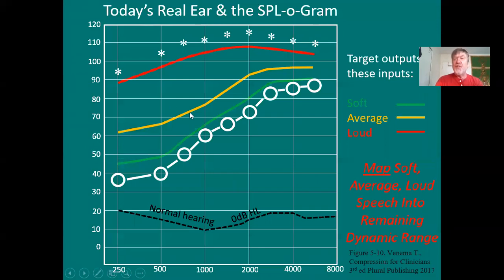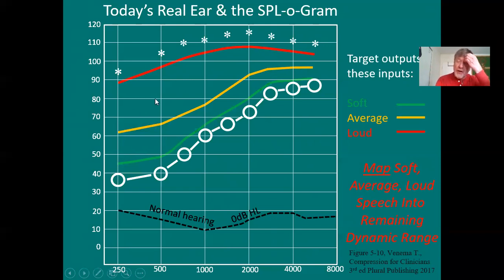So this is essentially a generic diagram of what all of today's fitting methods are trying to do, whether it's NAL 1, NAL 2, or DSL 5, who cares? Essentially, all of them are trying to map soft, average, and loud speech into the remaining dynamic range of the listener. You're mapping it.